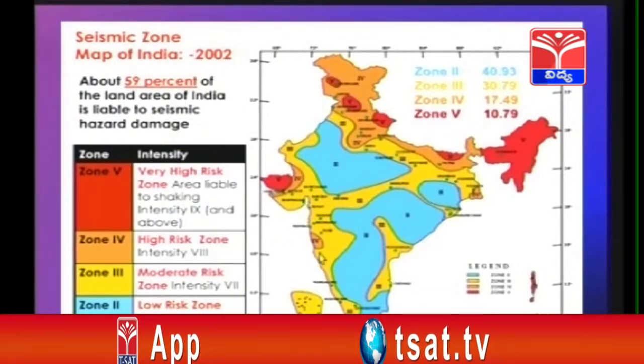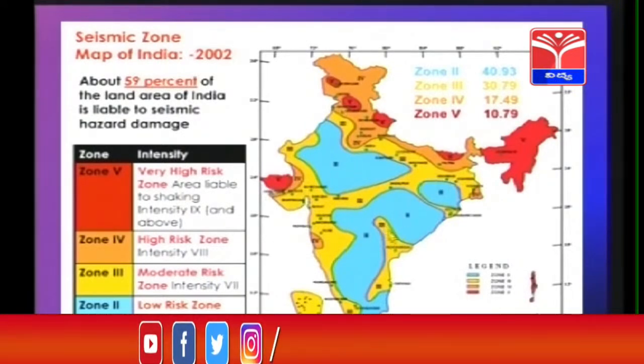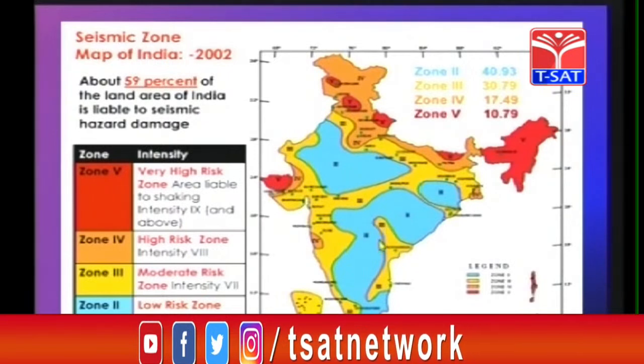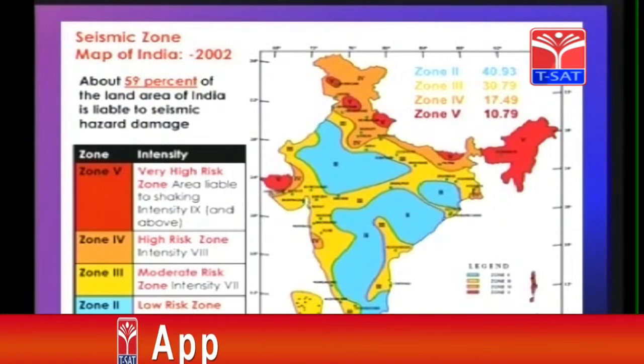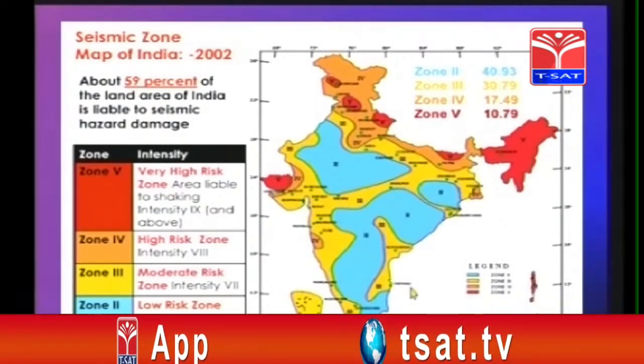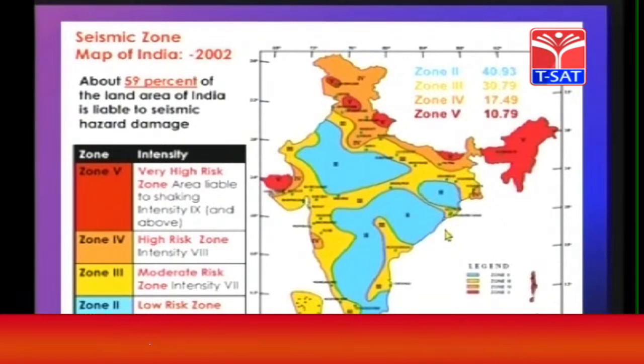These yellow color parts of India fall under zone 3. Few parts of Andhra Pradesh and few parts of Telangana fall under zone 3. Now zone 2, low risk zone. This blue color part falls under zone 2.